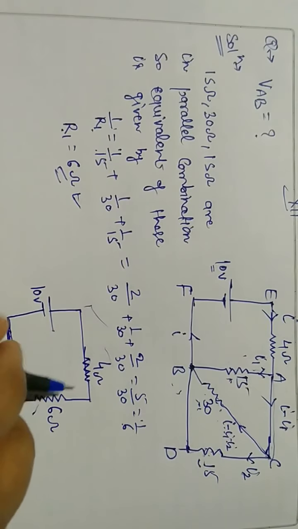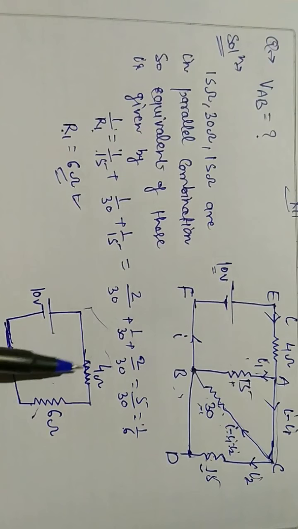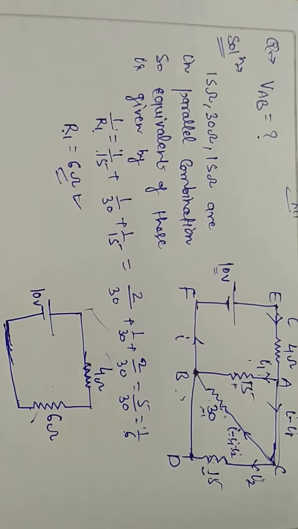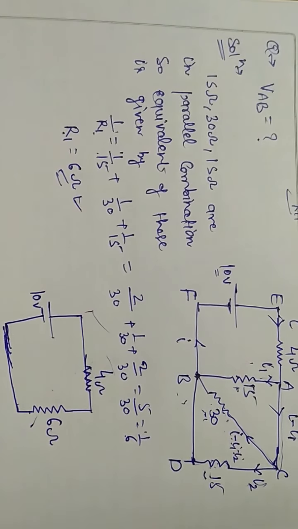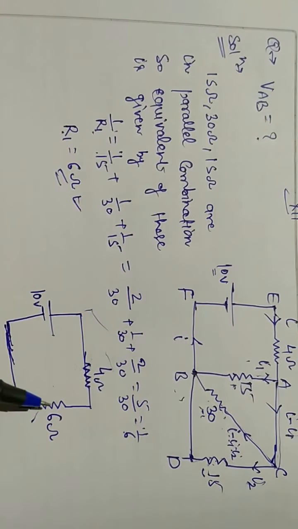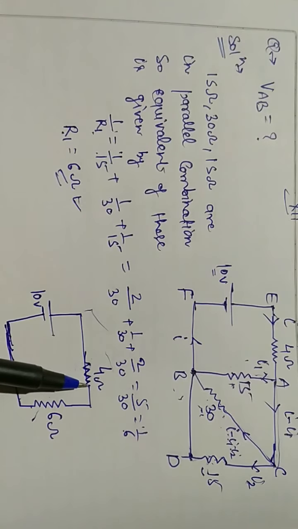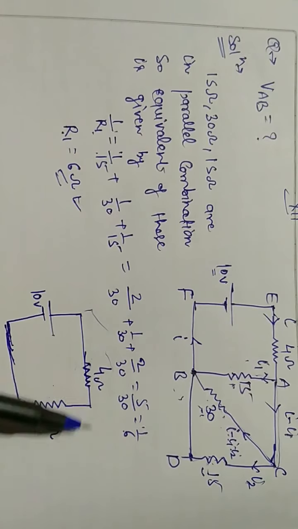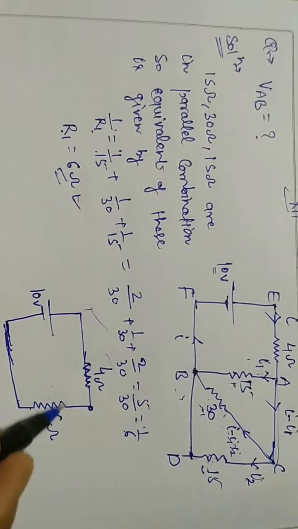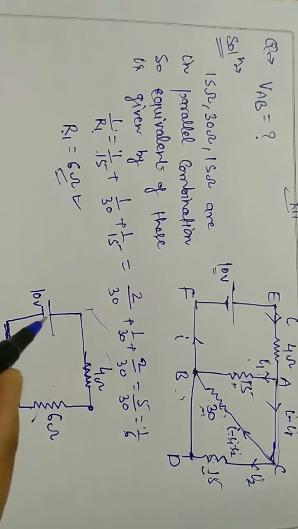Now the net resistance of this circuit is, I hope you know, 10 ohm, because these two are in series. You can see this 4 ohm and this 6 ohm are in series, because one end of these two resistors is connected at this point, and there is a battery between the second ends of the two resistors.